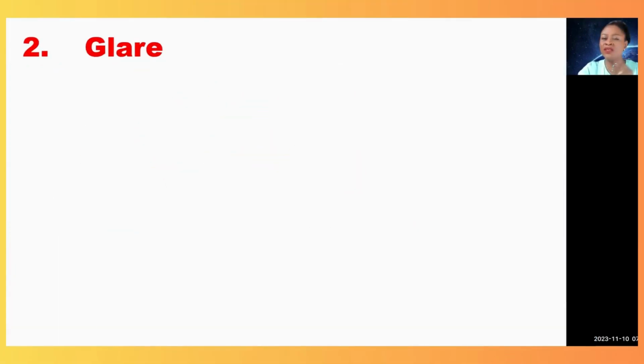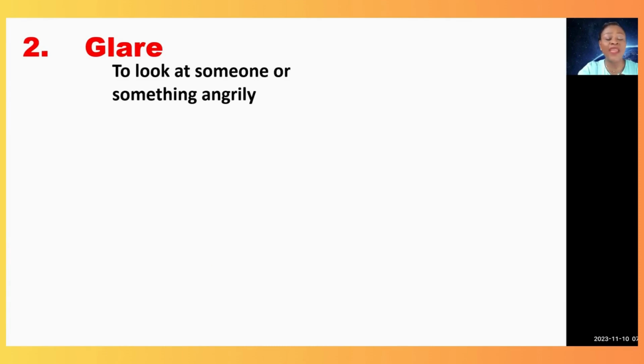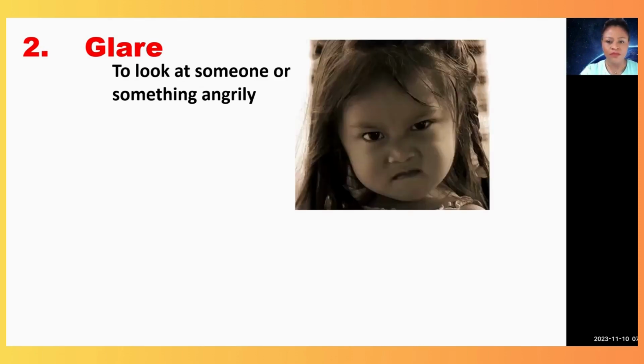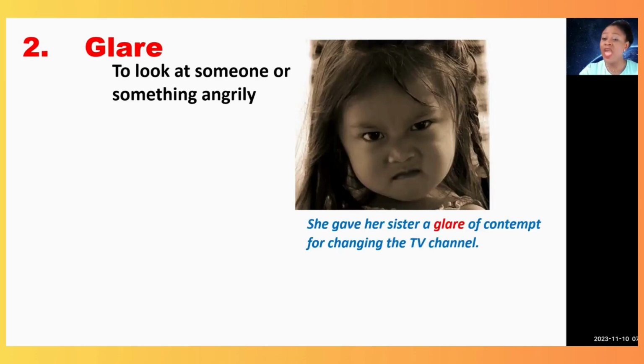Glare. What does the verb glare mean? It means to look at someone or something angrily. She gave her sister a glare of contempt for changing the TV channel.